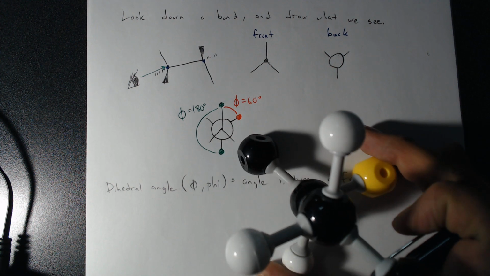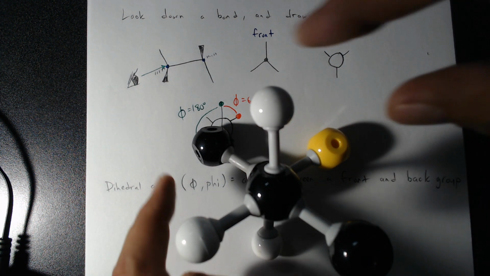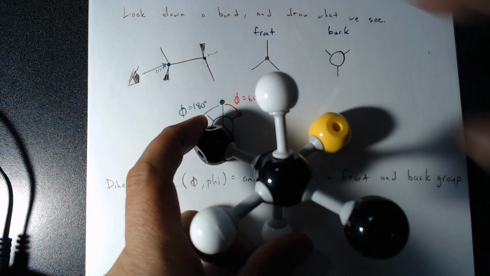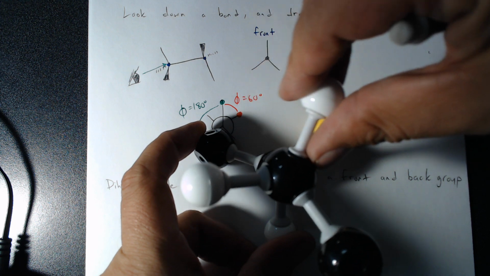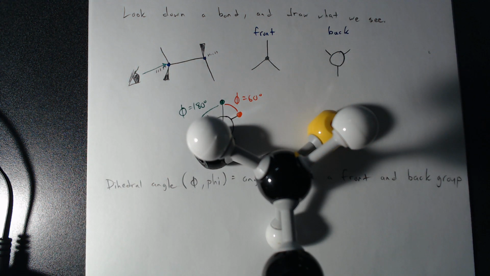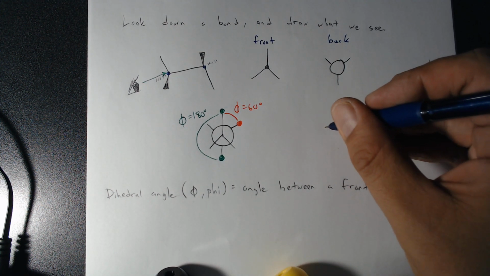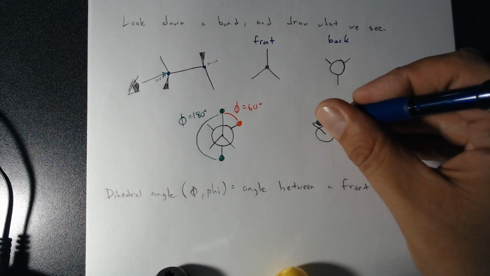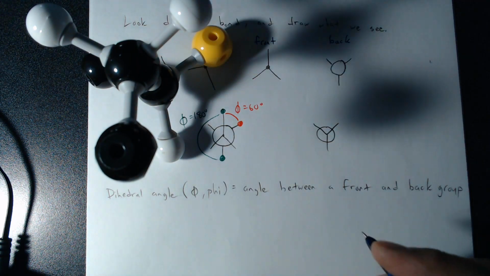The way that we would get to the situation where they are overlapping is we have to rotate one of the carbons 60 degrees. I'm going to go ahead and rotate the front one. So we're rotating 60 degrees. They now overlap, and we now have to be able to draw that. So they're overlapping. I rotated the front carbon so it now looks like this. We need to put the drawing up there, like that.